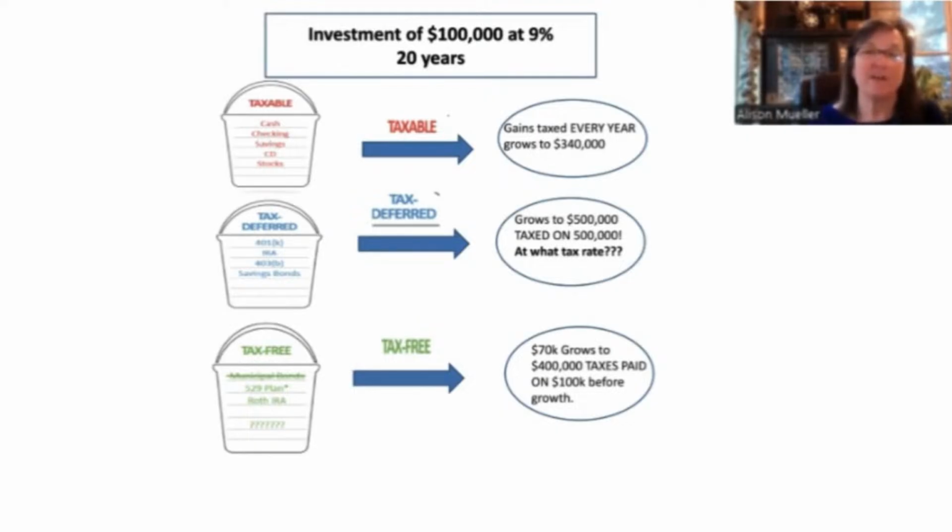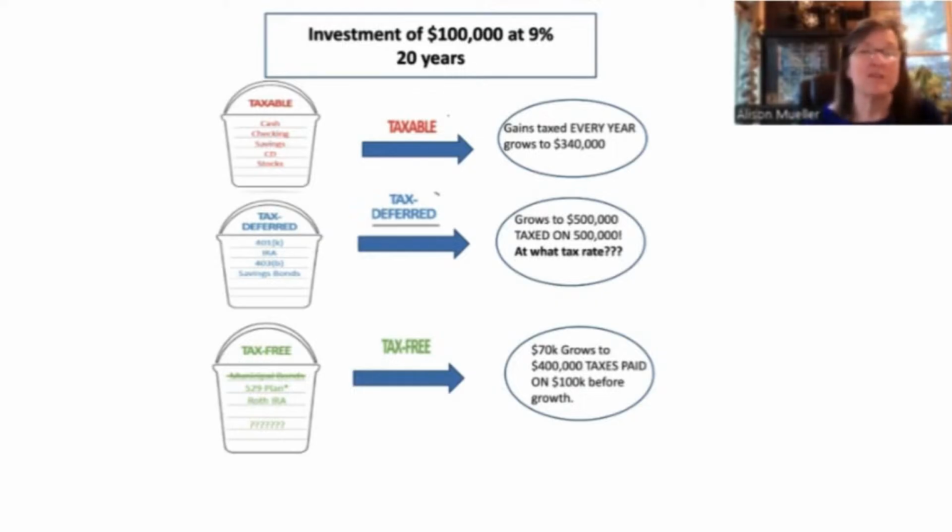Every year, it's like cutting a branch off, right? So we're cutting a branch off the tree every single year, which means we're interrupting the compounding. In this case, I said $100,000, 9%, 20 years. I'm interrupting the compounding every year. At the end of 20 years, I'm going to have $340,000, because I paid taxes on it every year.